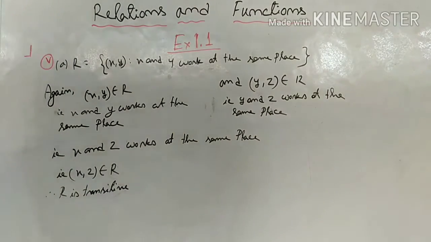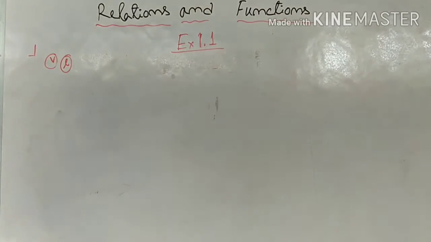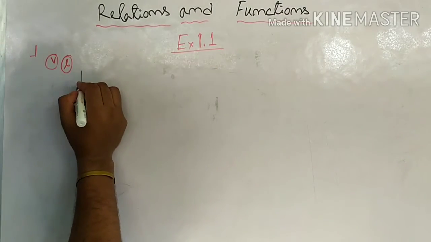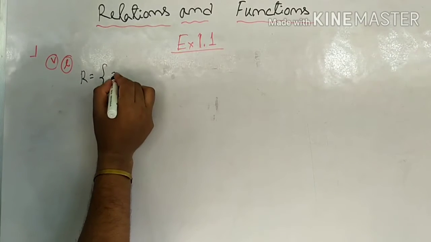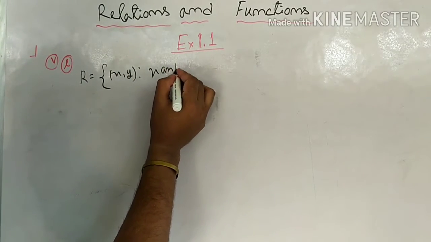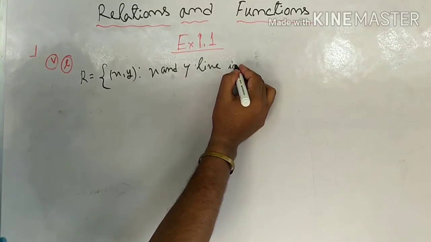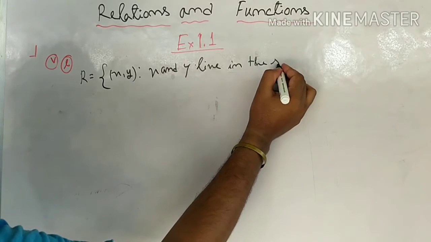All of you understand? Now B number is R equal to (x, y) such that x and y live in the same locality.